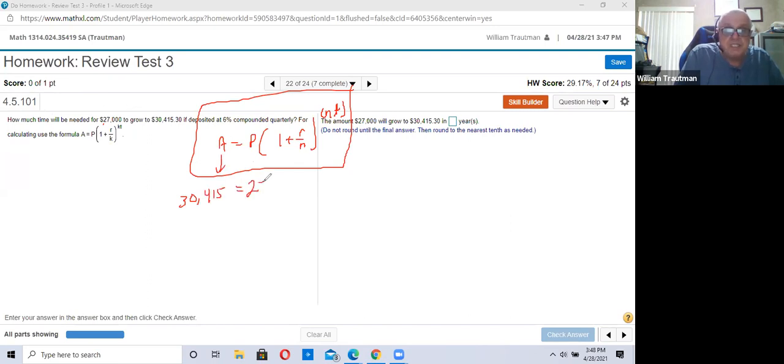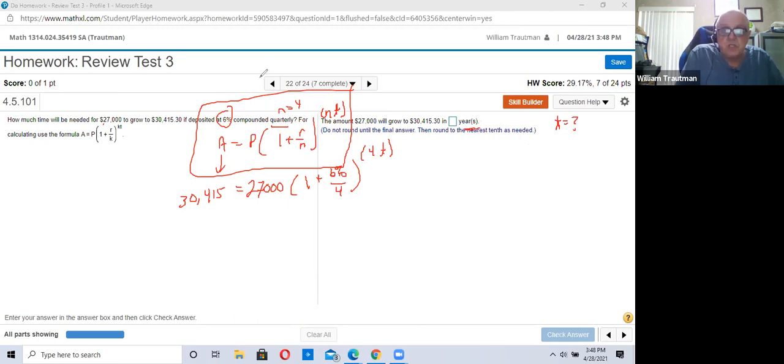You're putting 27,000 in the bank. The interest rate is 6%, compounded quarterly, so N equals 4. T is what we have to find. It asks how many years the 27,000 will take to grow, so that means find T.